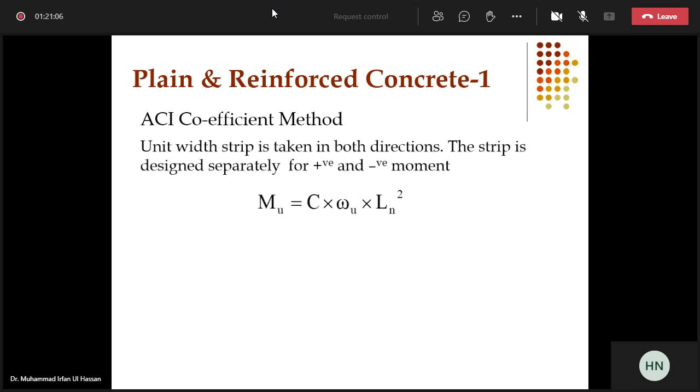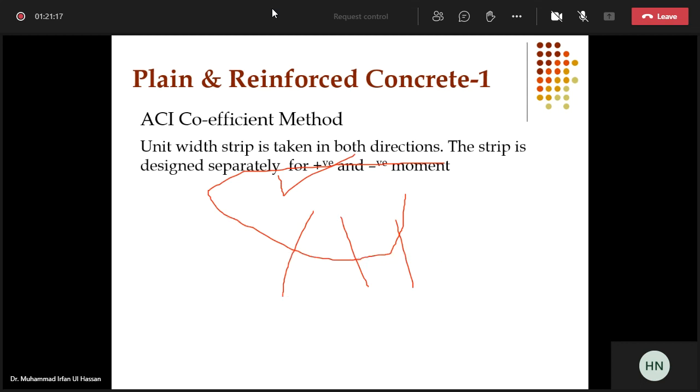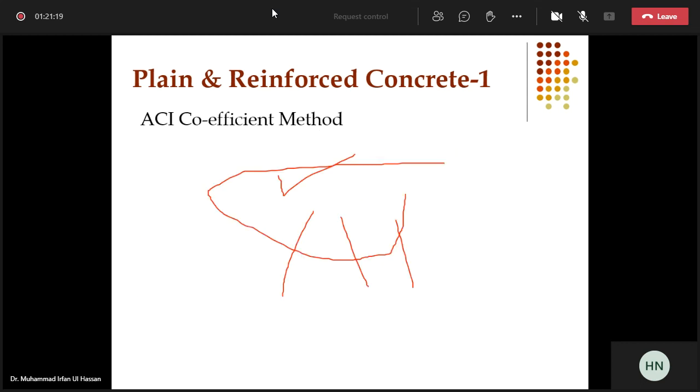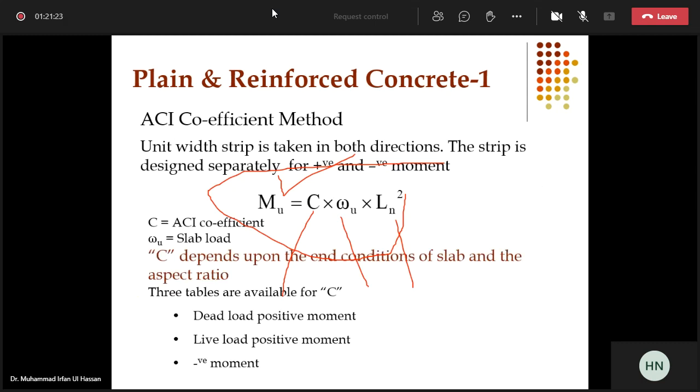In the ACI coefficient method, the moment is equal to the coefficient you see from the table times load times span squared. You get the moment and design the slab. So this two-way slab was the first plate element that you designed in the previous class, because all the other elements, one-way slab, continuous beam, beams, and columns, are line elements.